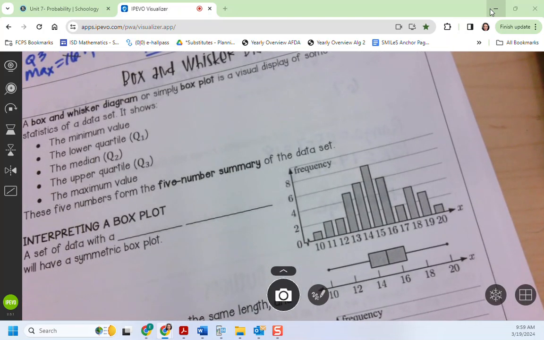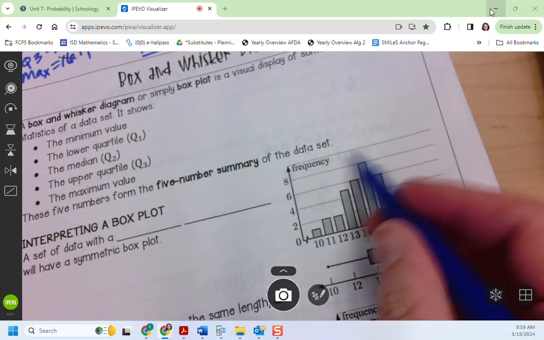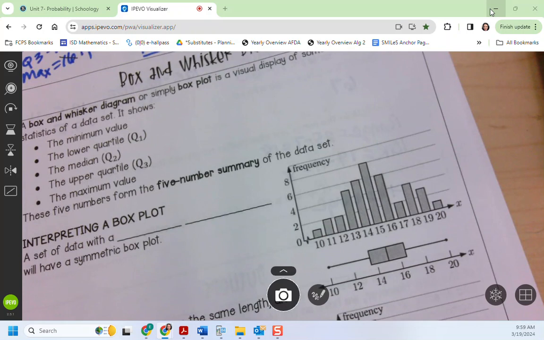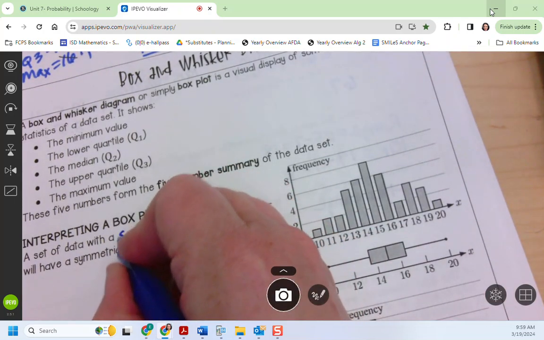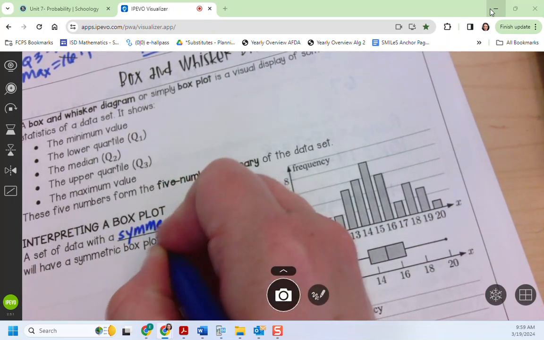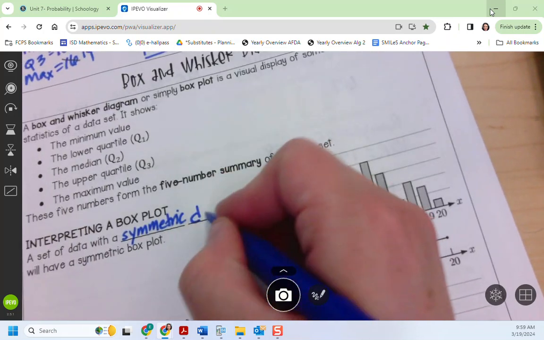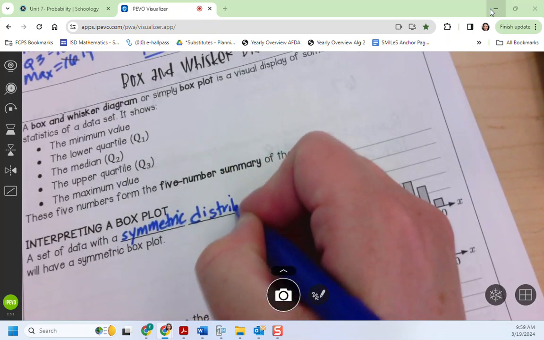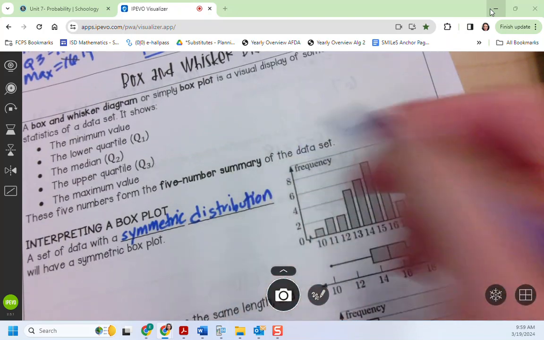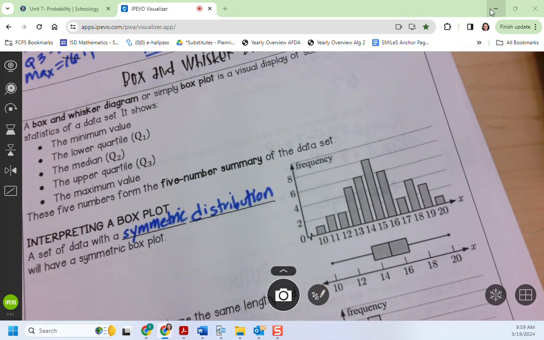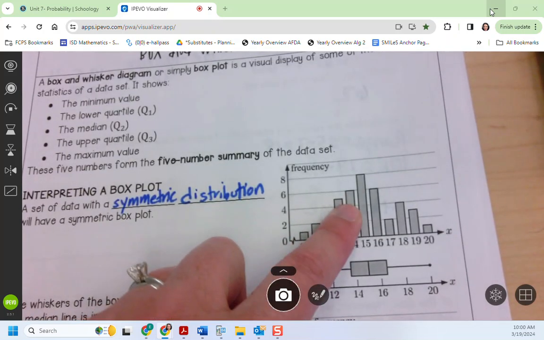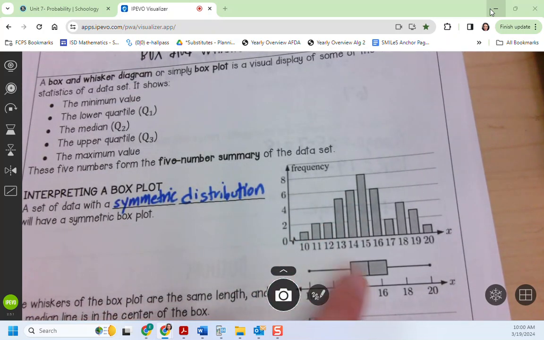So when you have this data, which has what kind of distribution? Is that negatively skewed, positively skewed, or symmetric? It is symmetric. So a set of data with symmetric distribution will have a symmetric box plot. Okay, so if I'm trying to get this data set into a box and whiskers, I'm going to expect that the box and whiskers will also be symmetric.